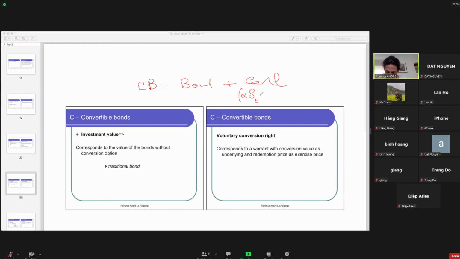So it's the underlying, and we call this the conversion value.